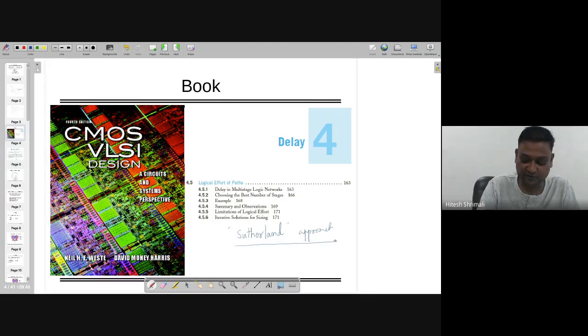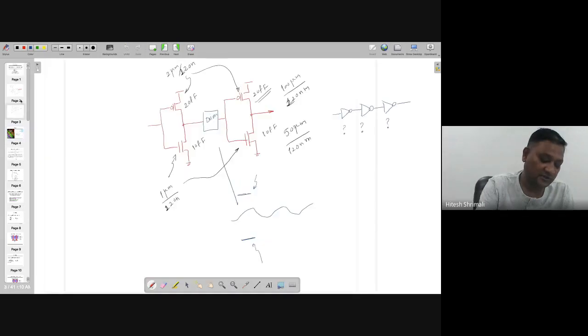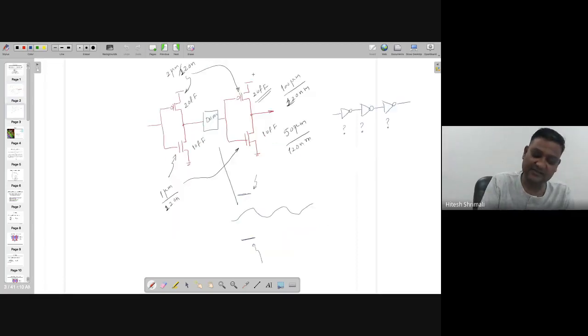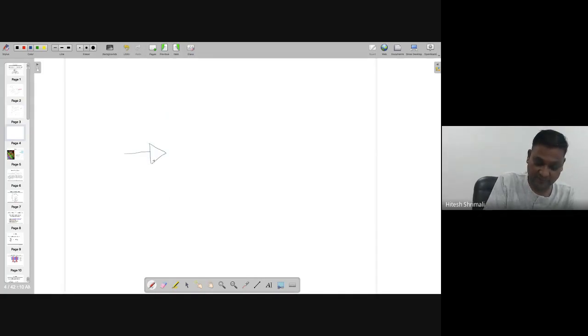You can refer to that if you want, but there are almost 15 chapters only on logical effort, starting from the RC and then going further. But this is a very important part of any digital circuit, because most of the time such a problem will occur that you are driving the next stage and you are not able to drive it. The case might be like this: after an inverter, I'm using this maybe in many places.